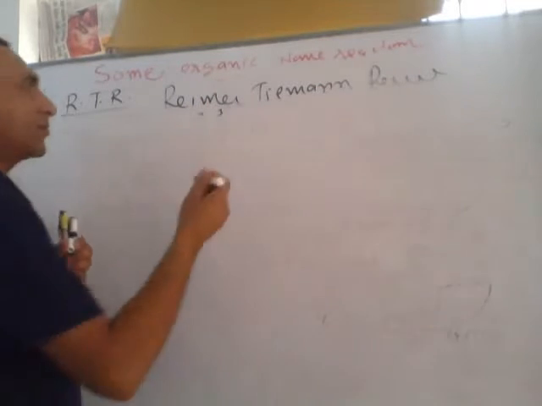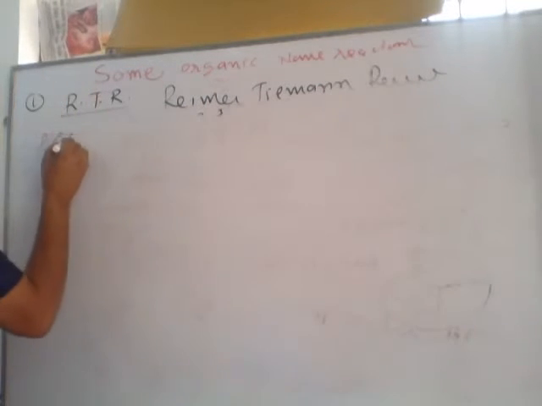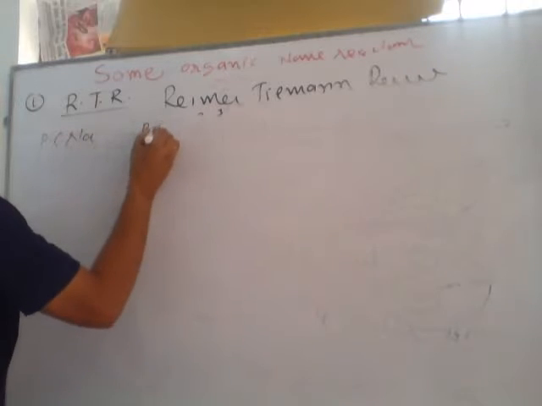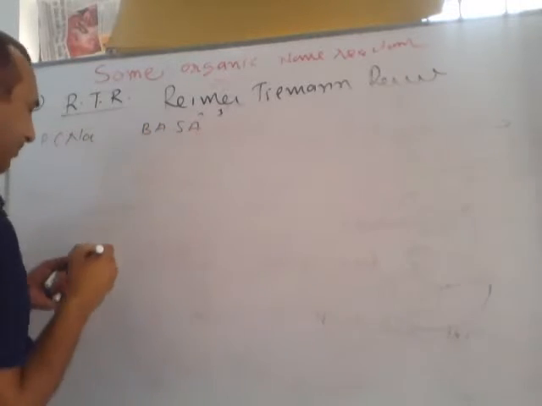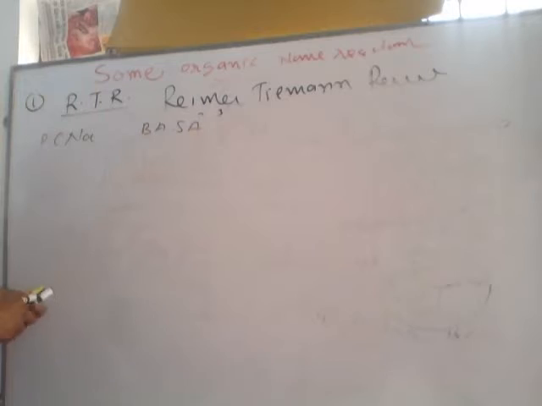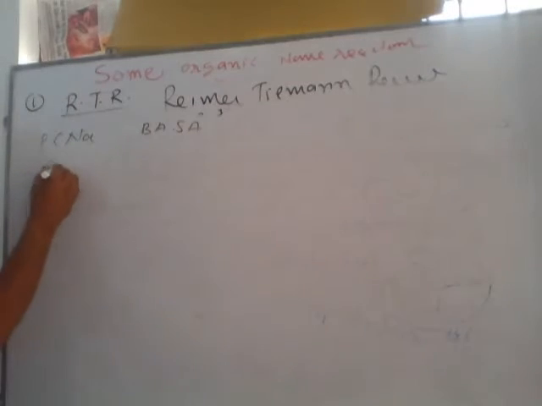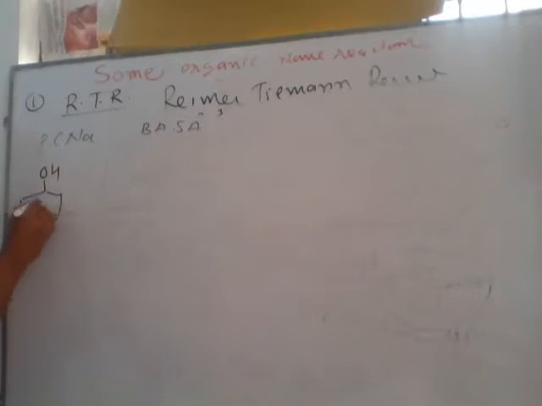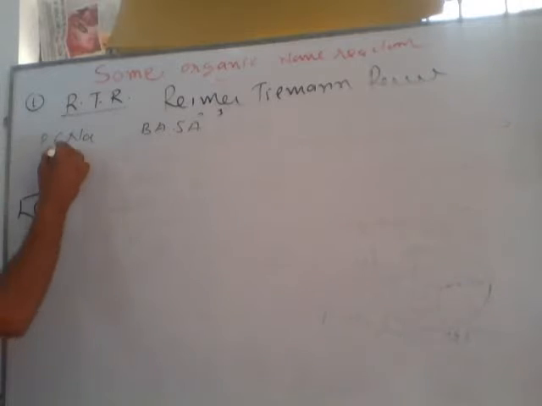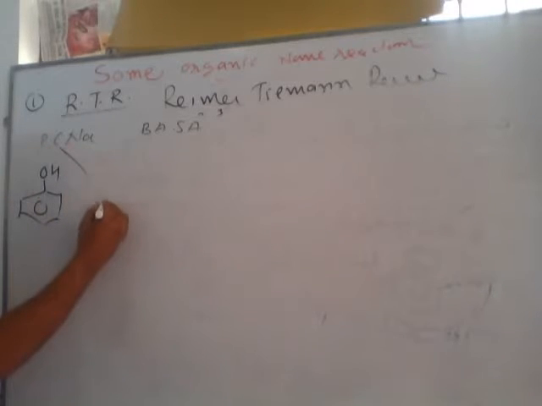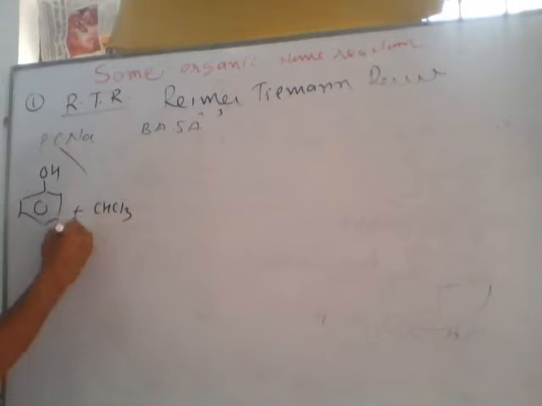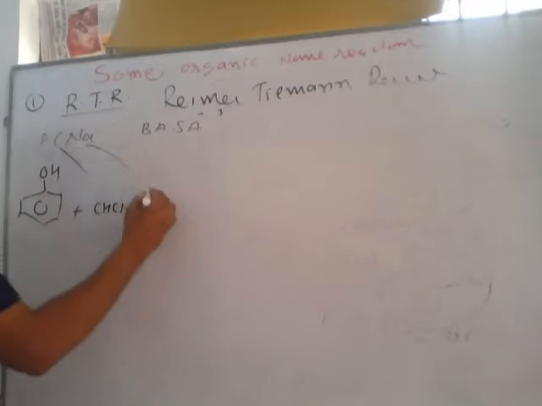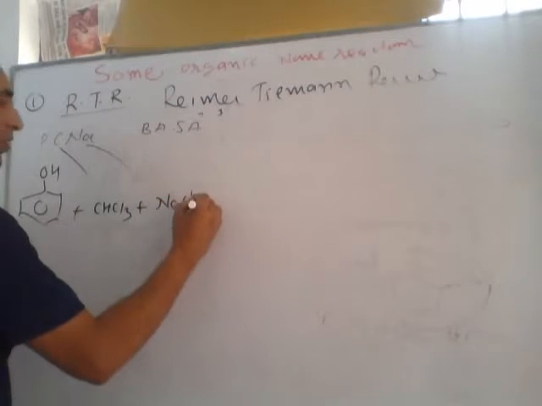I have written PC na basa. Listen here, P stands for phenol, this is phenol. C stands for chloroform, this is CHCl3, chloroform, and N stands for NaOH.